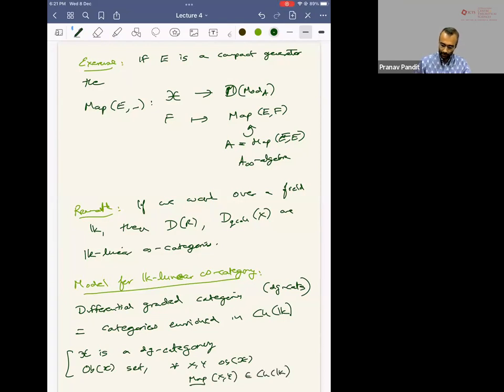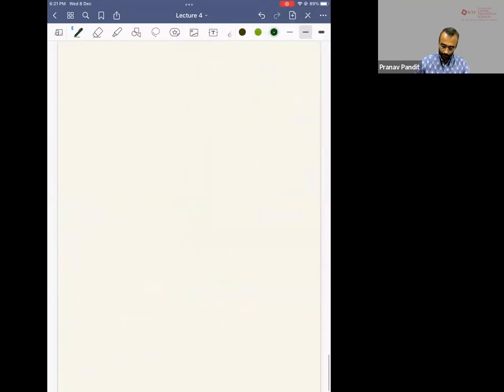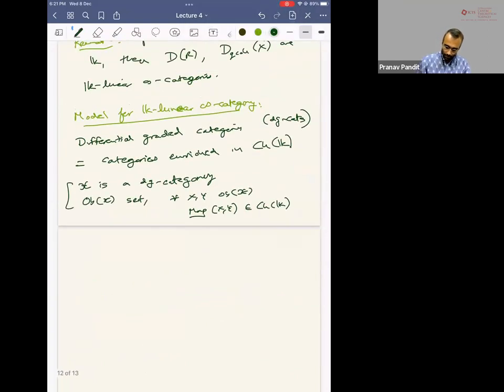And composition is a map: Maps(Y, Z) tensor Maps(X, Y) to Maps(X, Z), strictly associative.